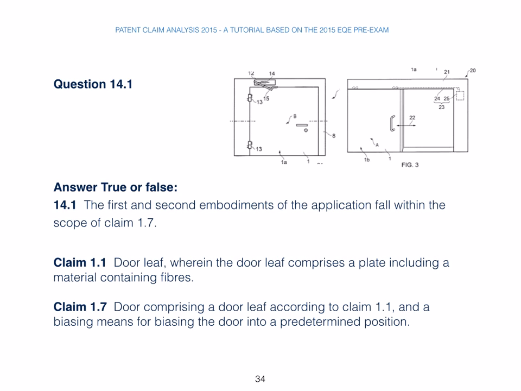Where are the fibers? Where is the biasing means? Claim 1.7 has a generic definition of biasing means. Make up your mind whether these embodiments fall under the scope of Claim 1.7. True or false, and we'll pass on to questions 14.2 and 14.3.